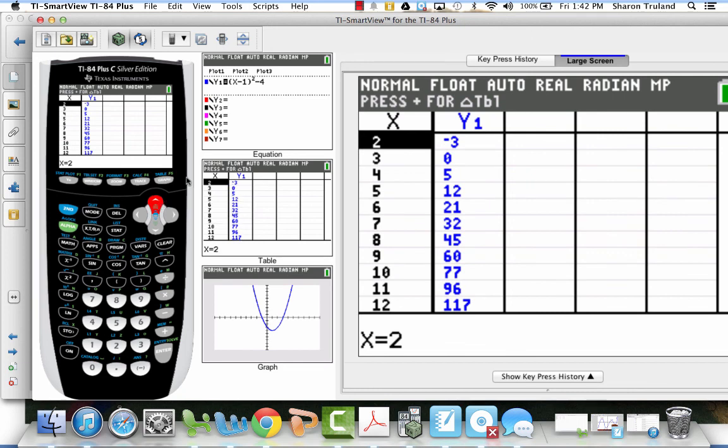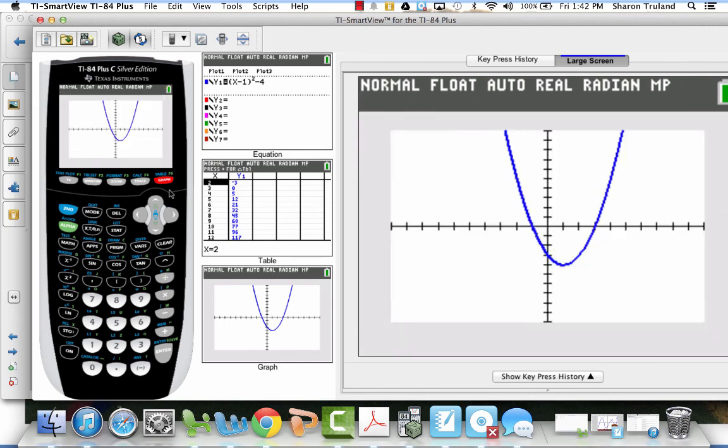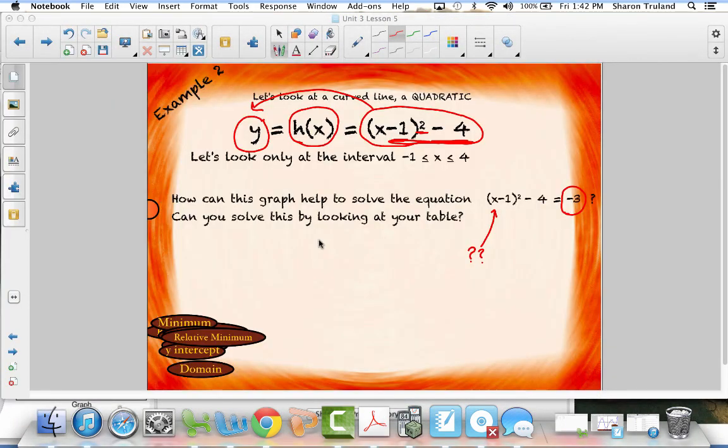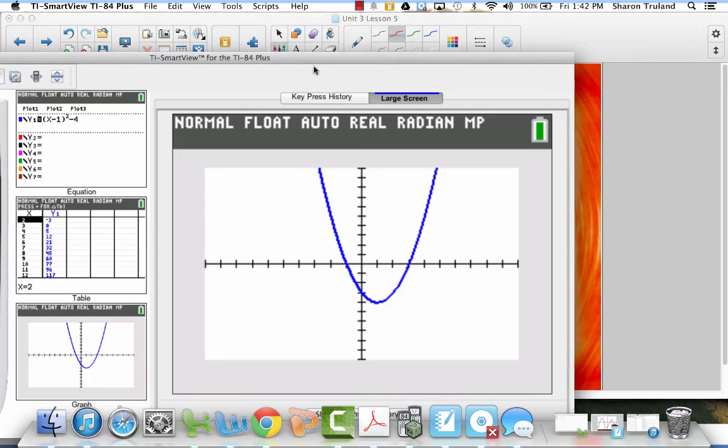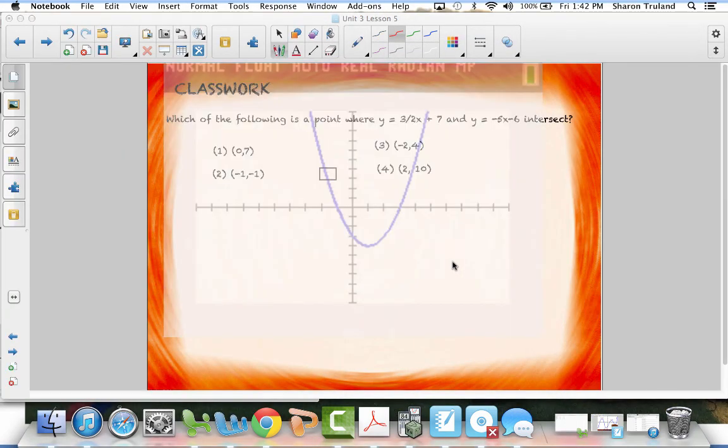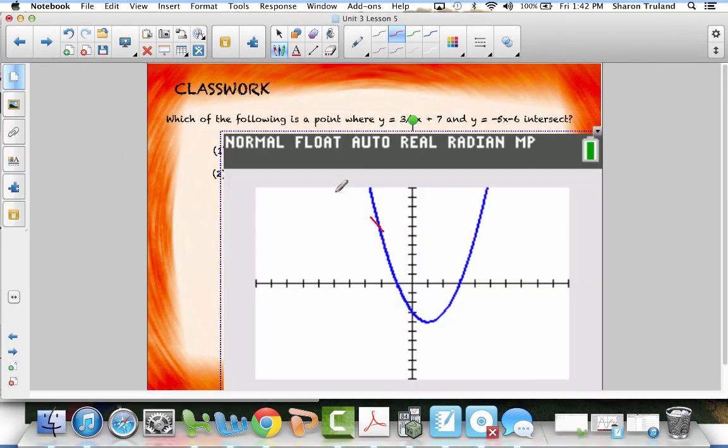Is that my only answer? No. Because if I look at -3 right here, look how many times it crosses -3. Let me bring that graph back out.